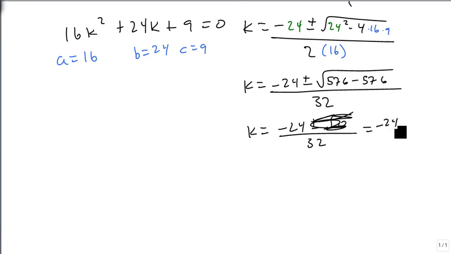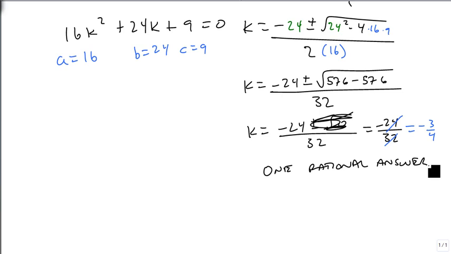And so we get minus 24 over 32, which reduces to minus 3 over 4 when we divide out the 8 that's in common. And so we are left with 1 rational answer, and we could have factored this, and it turns out that because there's only 1 rational answer, this is a perfect square trinomial.